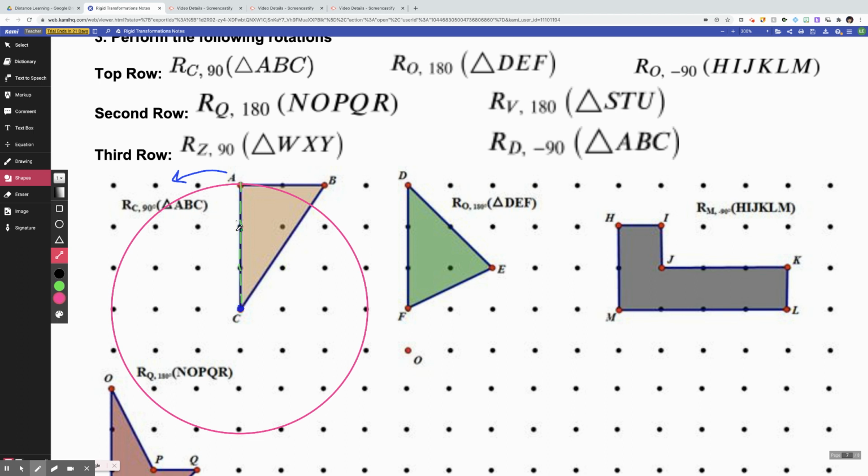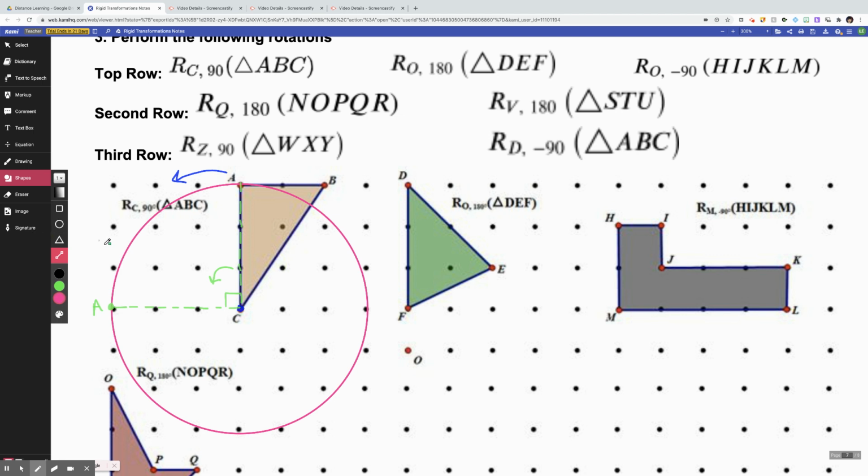So I need to go 90 degrees this way and draw my line out so that it hits the edge of my circle. That's what the circle is there for. This is 90 degrees, so you have that little square in the middle. That means my new point A is going to be right here.